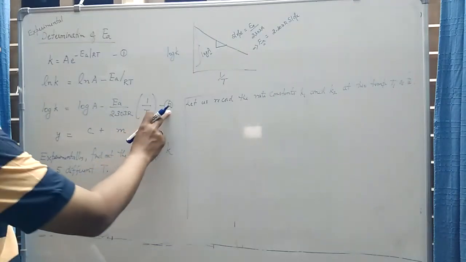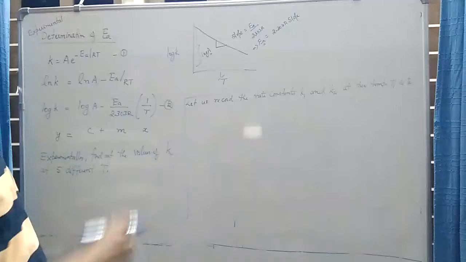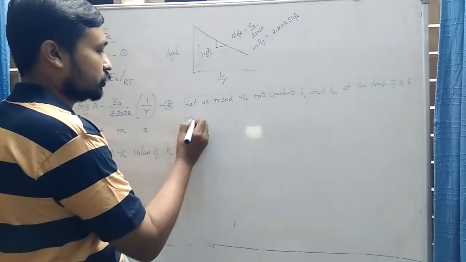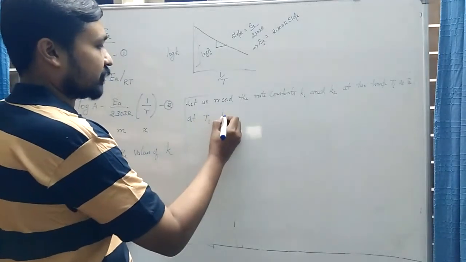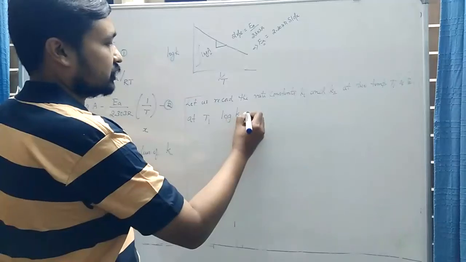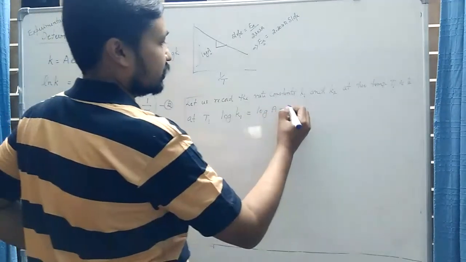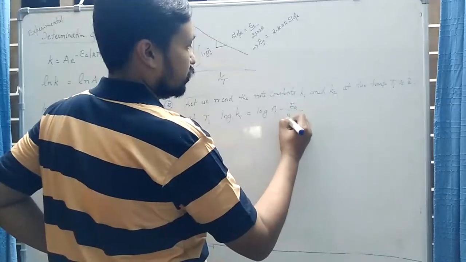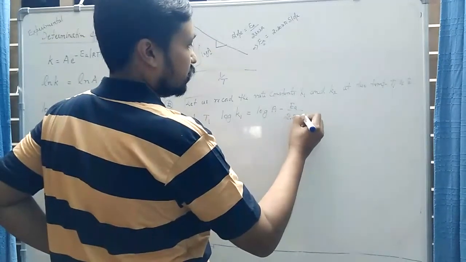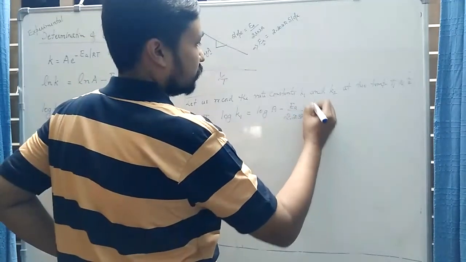Let us write Arrhenius equation 2 at temperature T1 and at temperature T2. So at temperature T1, log k1 = log A - Ea/(2.303 R) × 1/T1.